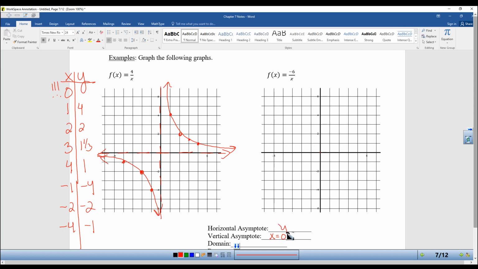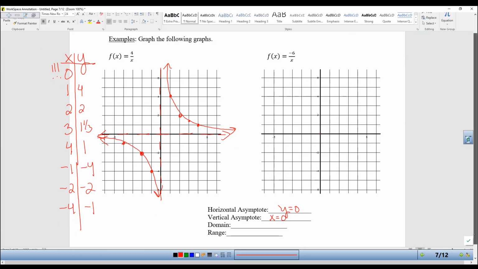So my horizontal asymptote is at y is equal to 0. My domain for this problem is x is not equal to 0. The vertical asymptote and the domain are always going to be related. So the vertical asymptote tells you the equation of the line. That's why it doesn't have a not equal to sign.